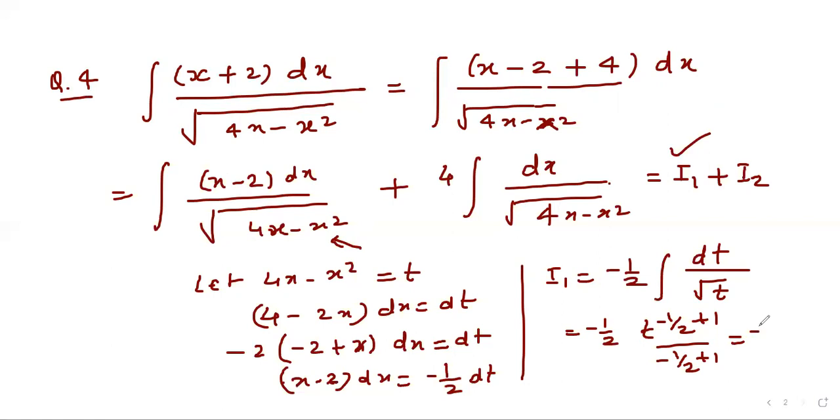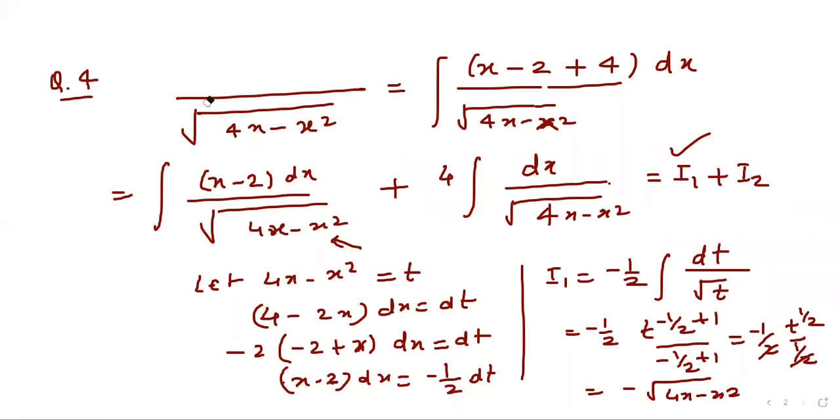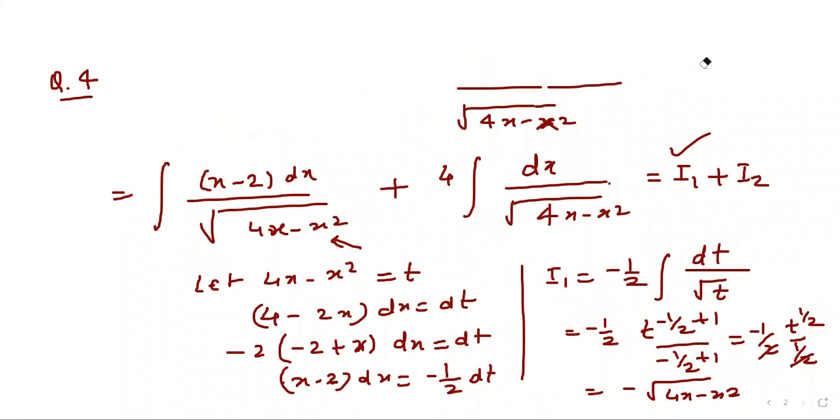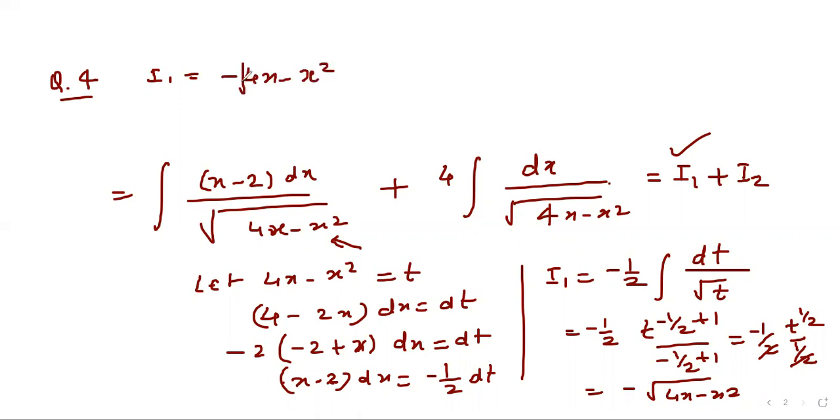So this will give minus 1 by 2 t power half divided by half. So 2 will cancel out, and we will get minus t power half. T power half is root t, and we can put the value of t as 4x minus x square. So we have got the first part: I1 equal to minus root of 4x minus x square.